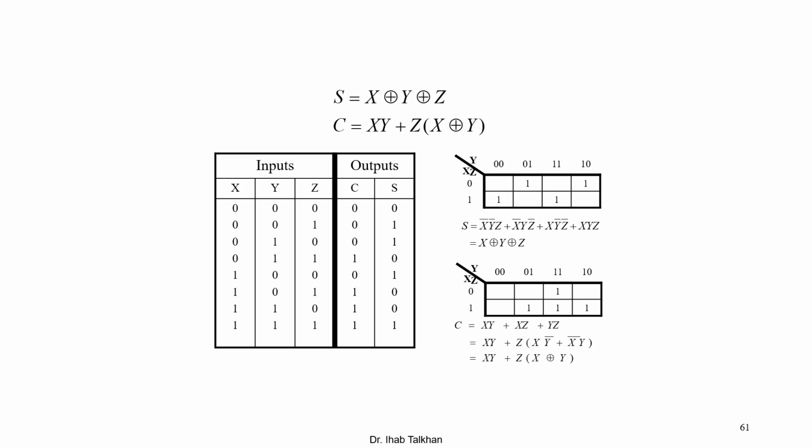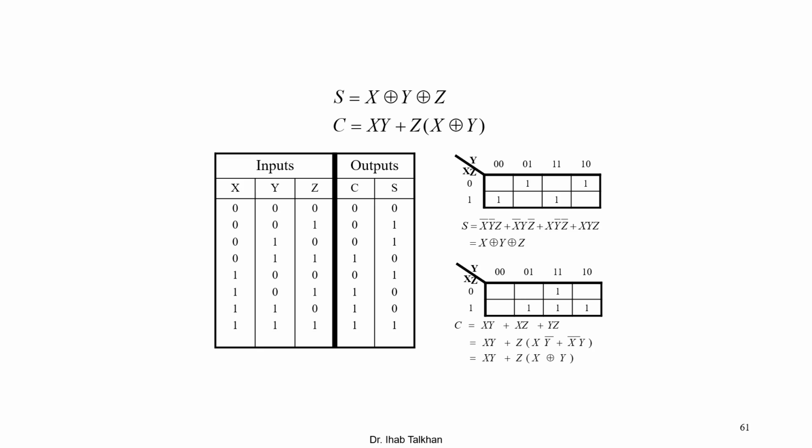If you multiply YZ by X plus X bar, you did nothing, you didn't change the equation, because X plus X bar is 1, and anything multiplied by 1 is itself. So at the end, C is equal to XY plus XZ plus YZ multiplied by X plus X bar. If you manipulate and reorganize the equation, you will find out that at the end C equals xy plus z multiplied by (x y bar plus x bar y), which is actually an XOR.